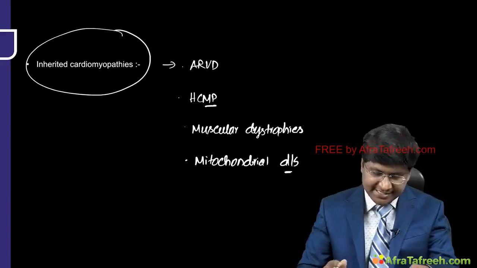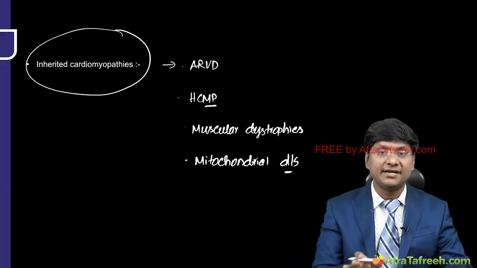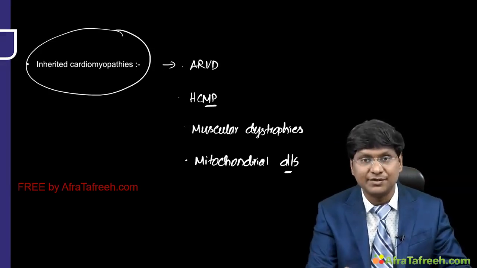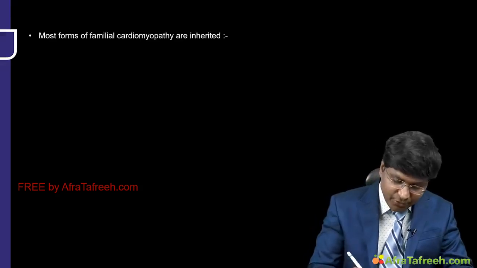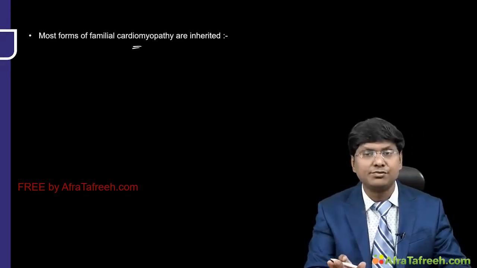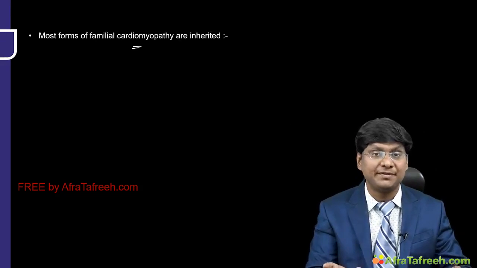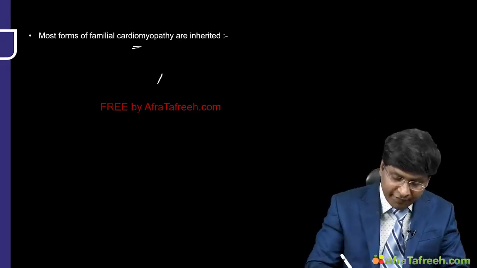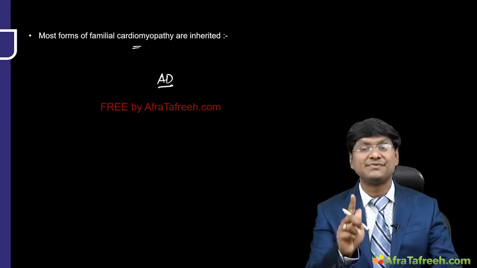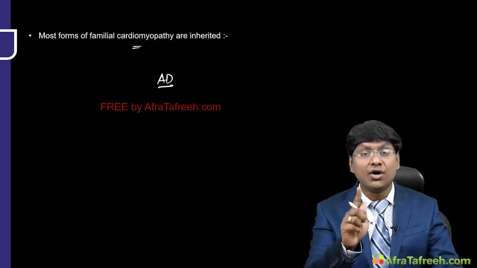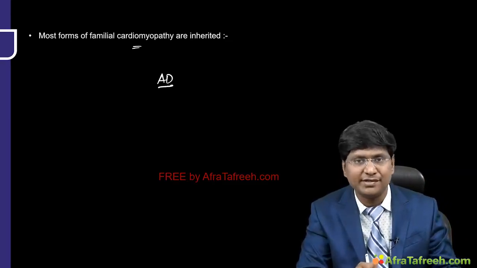So these are the inherited cardiomyopathies that are responsible for the development of heart failure. Now take the familial cardiomyopathies. Most of these familial cardiomyopathies, what is the mode of inheritance? Most commonly it is the autosomal dominant form of inheritance.